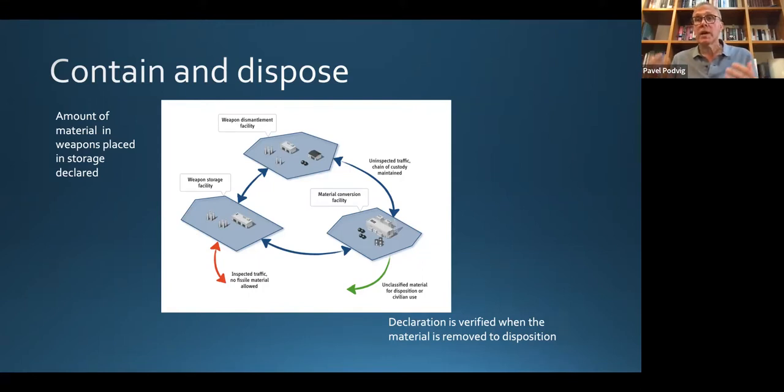Or you could say, okay, we are eliminating all ICBM warheads, and then you could follow that. Okay, these are ICBMs. You move that stuff to the bunker, the storage facility. But technically, you don't need to know how many weapons you are moving in, or how much material is in a weapon. That is all not really necessary.